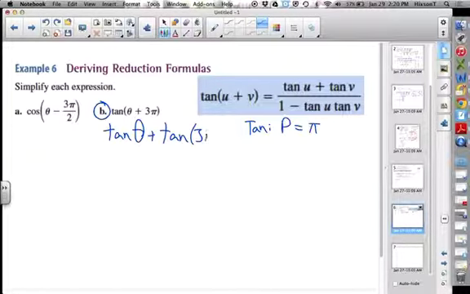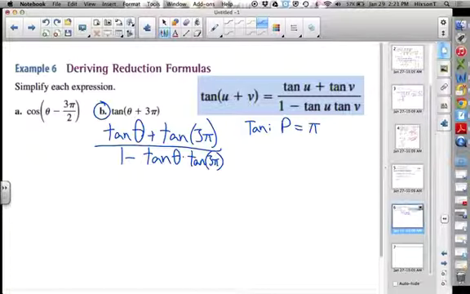Is it 0? No, it's tangent theta. I can't believe it. Undefined? No, it's 1 minus 0, so 1.